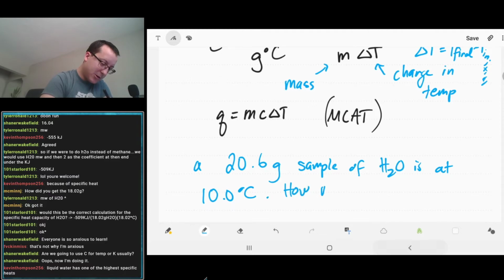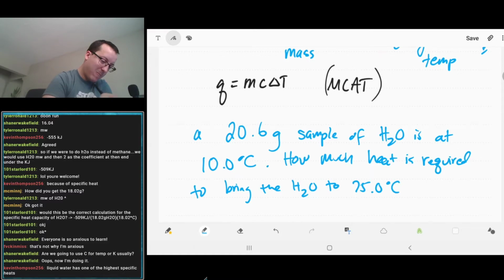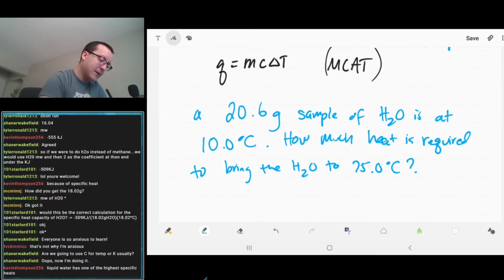How much heat is required to bring the water to this particular temperature? I will just tell you right now, C for liquid water was 4.184 joules per gram degree Celsius.